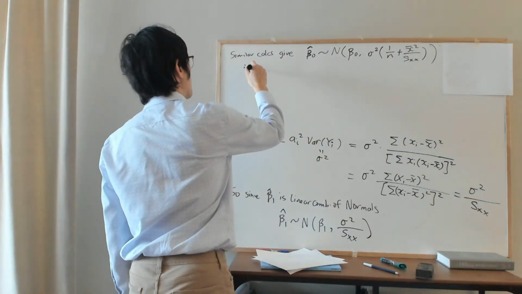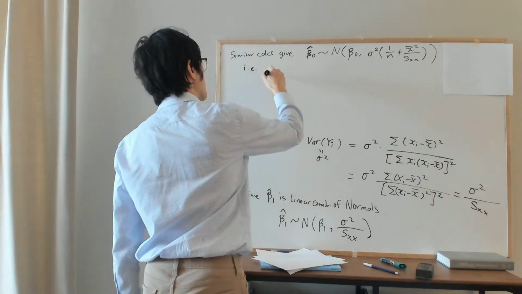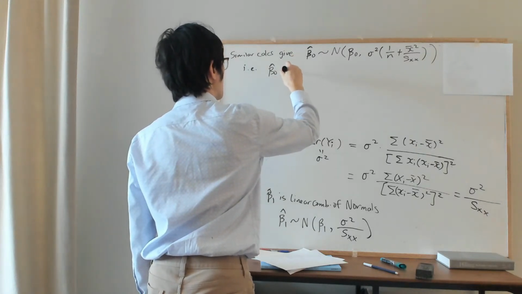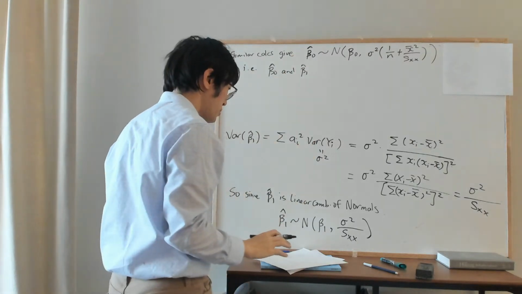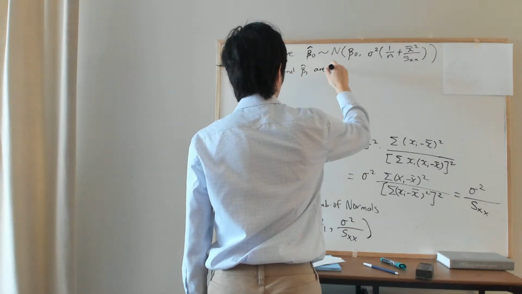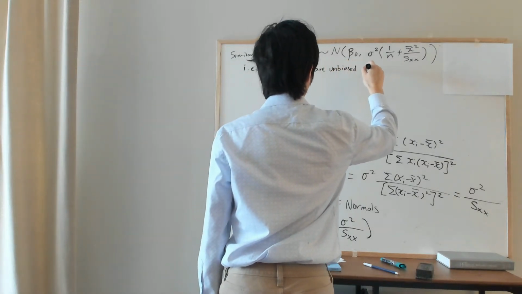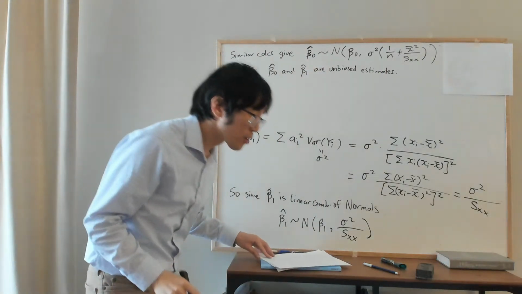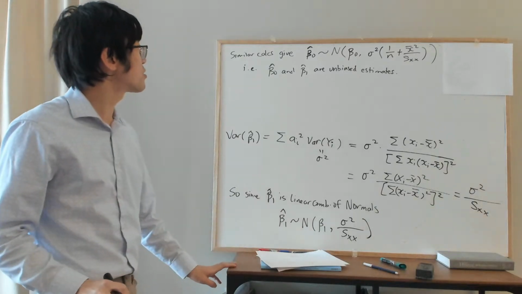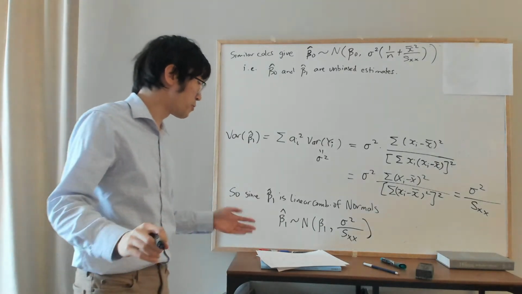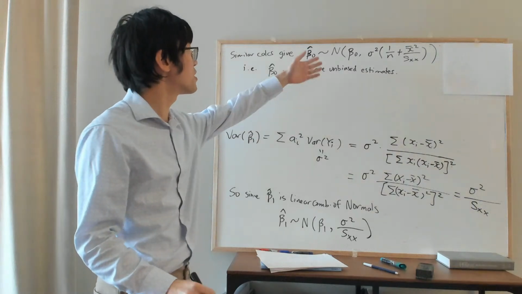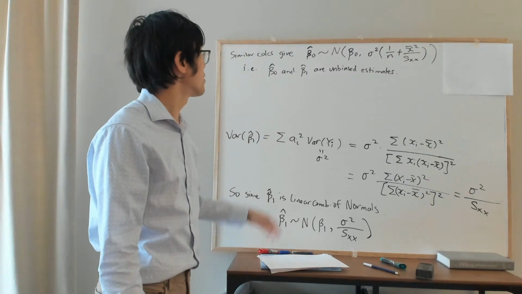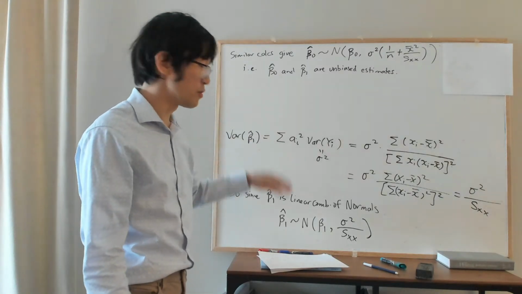So in other words, both the beta 0 and beta 1 estimates are unbiased estimates. Having derived these estimates and their distributions, we are now ready to ask the question: use these distributions to decide whether the estimates are statistically significant.